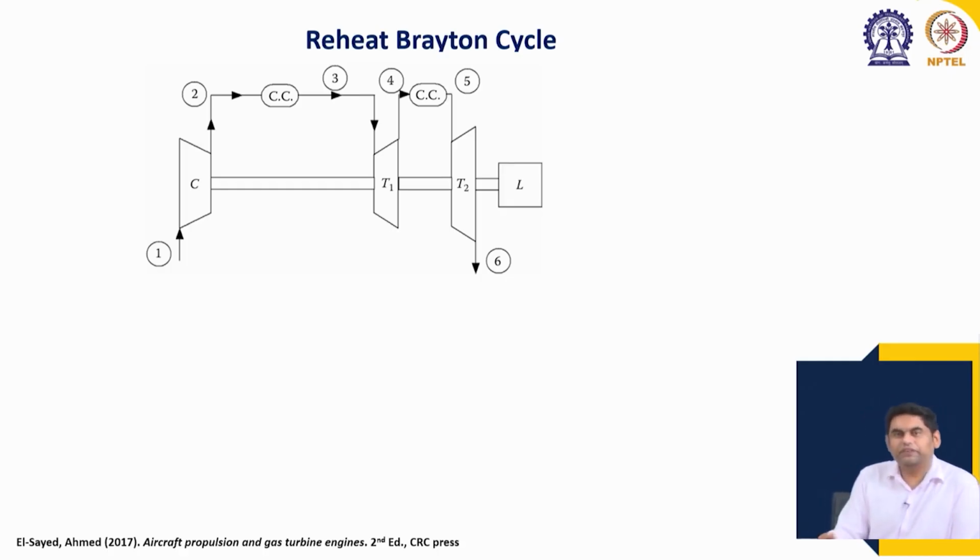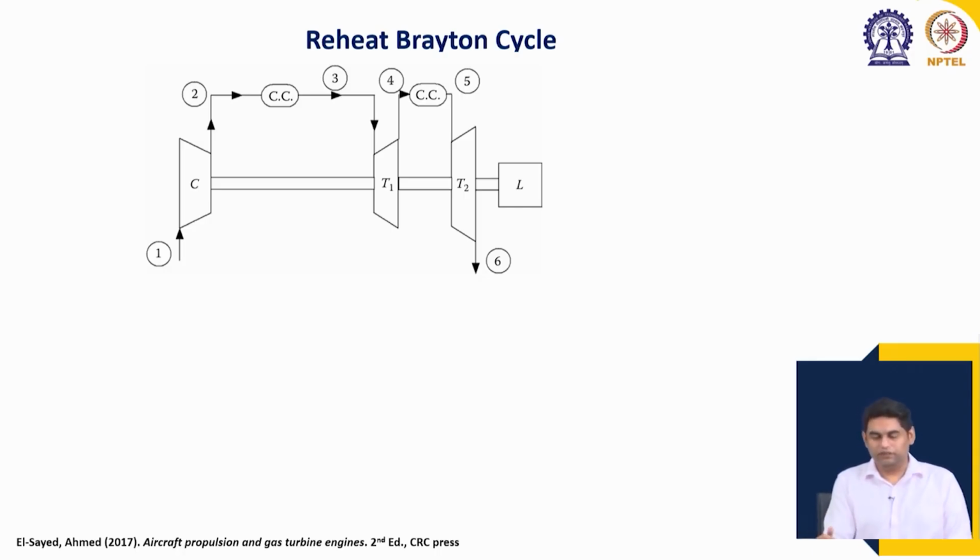So, we have seen that regeneration can increase the efficiency, okay, but it does not increase the specific work output. So, if we need higher power output from a gas turbine, we will need to increase the mass flow rate significantly. So, we want to know if there is a way to increase the power output without increasing the mass flow rate of air.